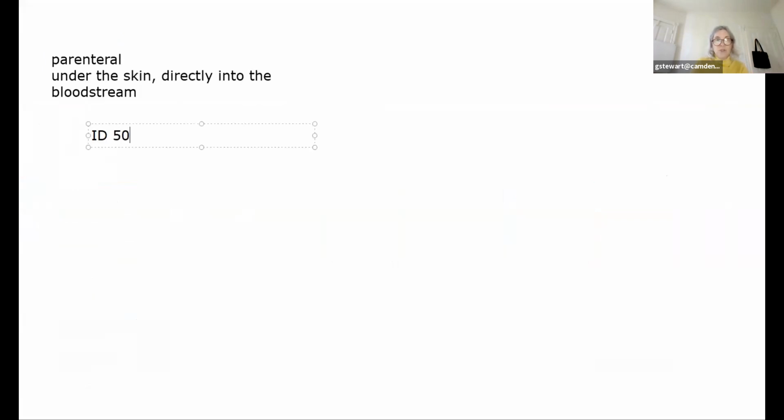The 50 is usually subscript, but I can't do it here on this keyboard. Infectious dose 50%. What that means is not 50% of the bacteria or the organism. We're talking about the dose necessary to infect 50% of the test population.